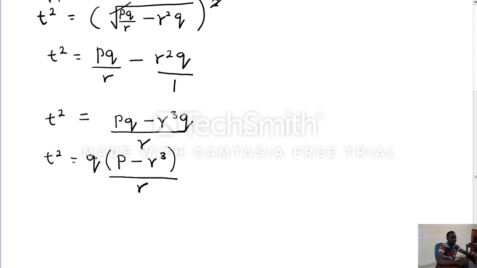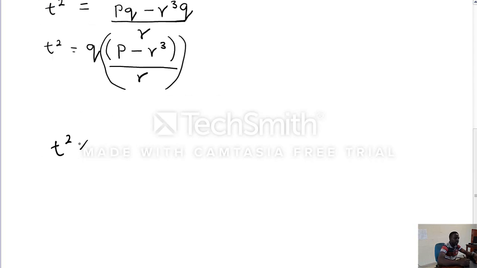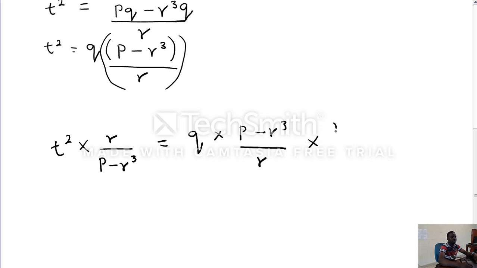I'm going to make q the subject of the formula by multiplying both sides by the reciprocal of this, and that will be t squared times the reciprocal of p minus r cubed divided by r, which is r divided by p minus r cubed. This is equal to q times p minus r cubed divided by r times r divided by p minus r cubed.